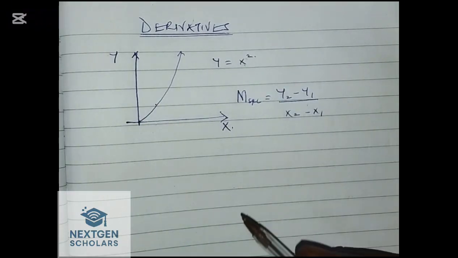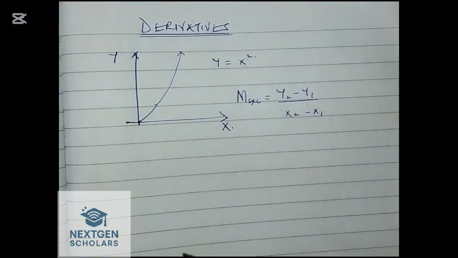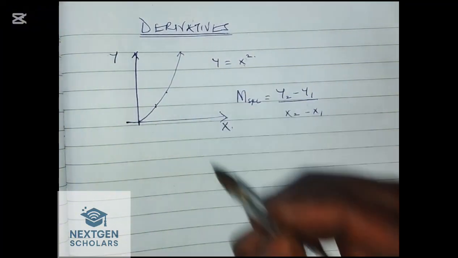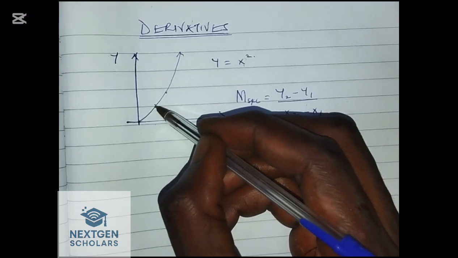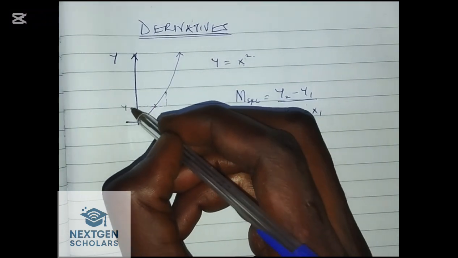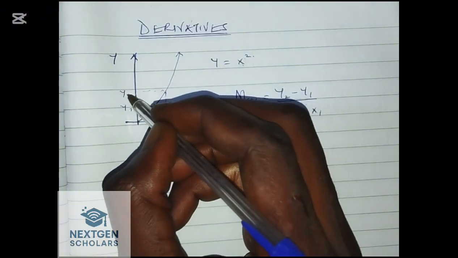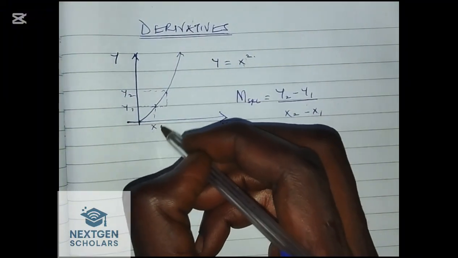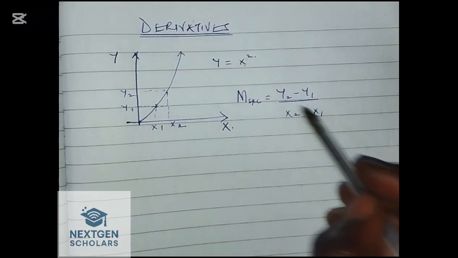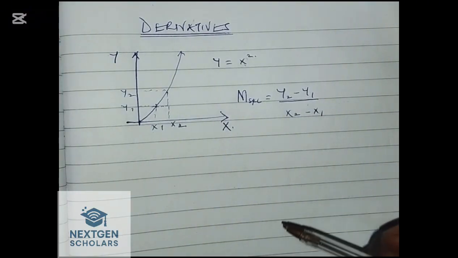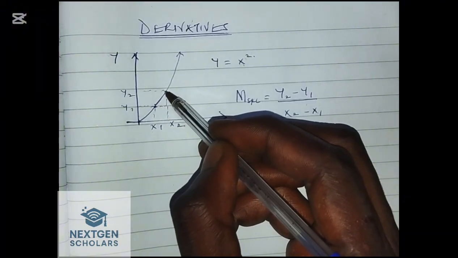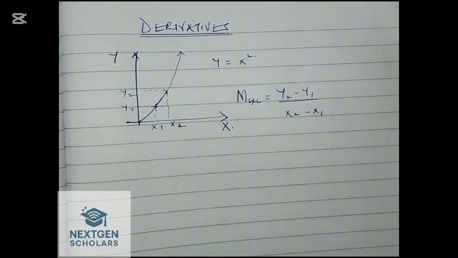Whenever we want to find the slope of a line, we pick any 2 points on the graph and link them up, making this our y1, this our y2, this our x1, and this our x2. This is how we get this formula.